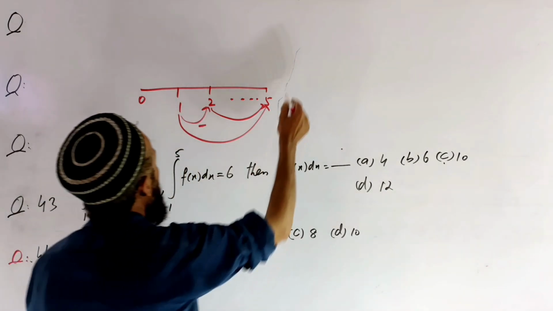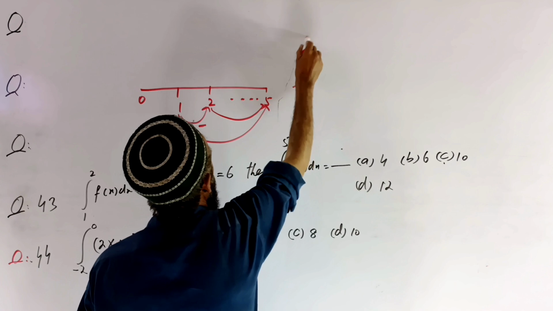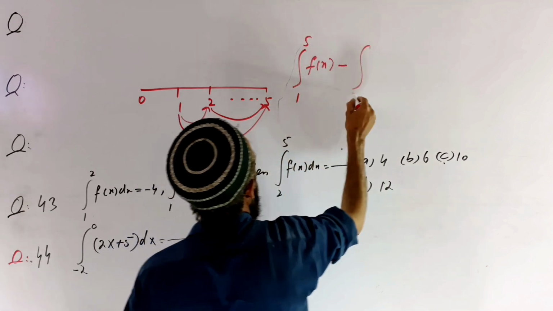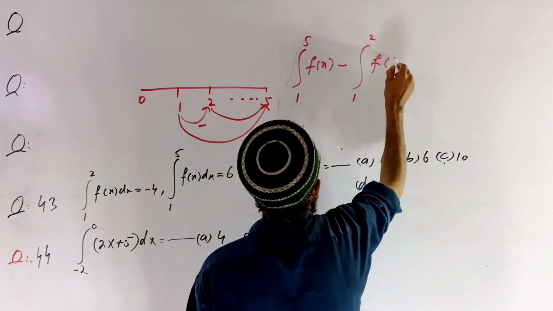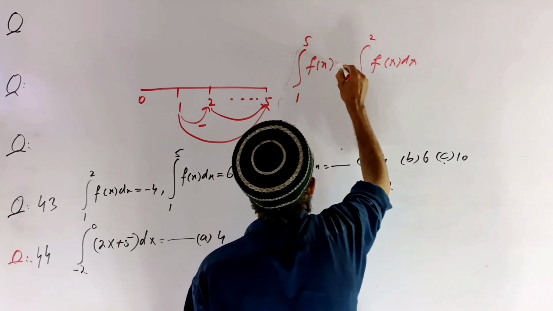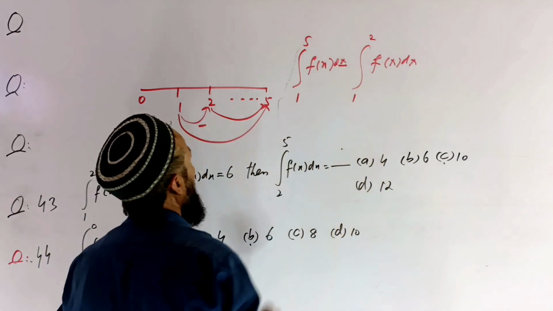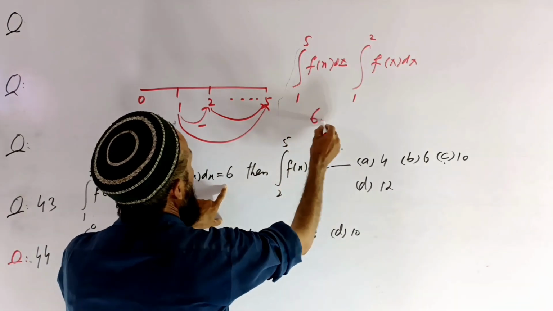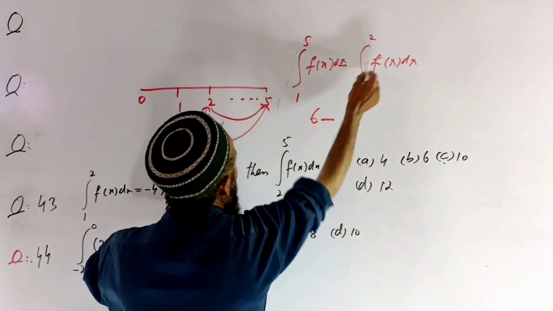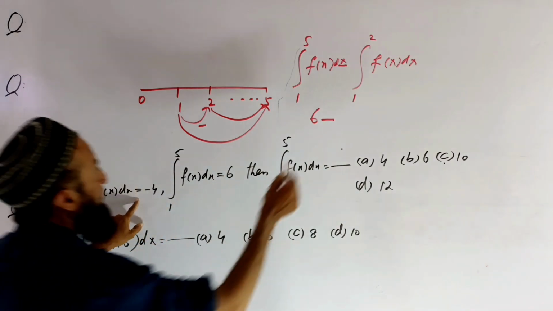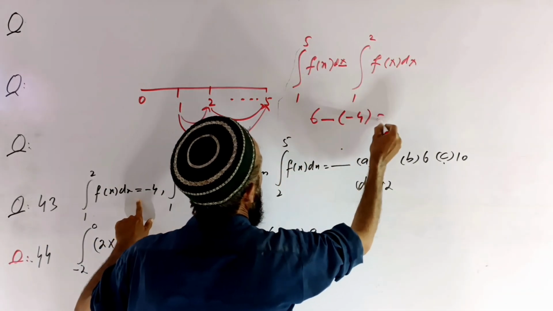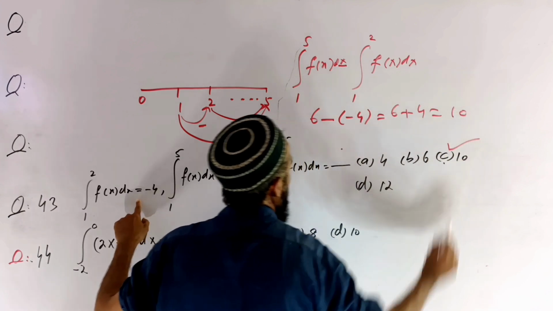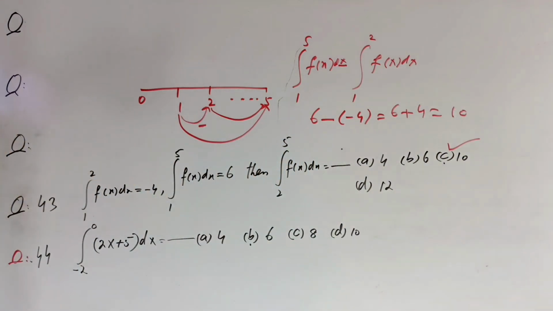So we can write the integral from 1 to 5 of f of x minus the integral from 1 to 2 of f of x dx. So the integral from 1 to 5 of f of x is equal to 6 minus the integral from 1 to 2 of f of x, which is equal to minus 4. So we get the result 6 plus 4 is equal to 10. 10 is the correct answer. C is the correct option.